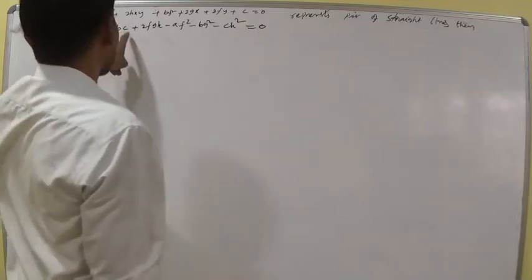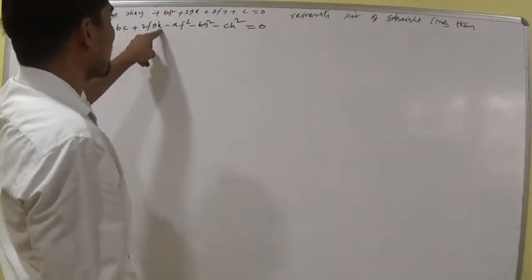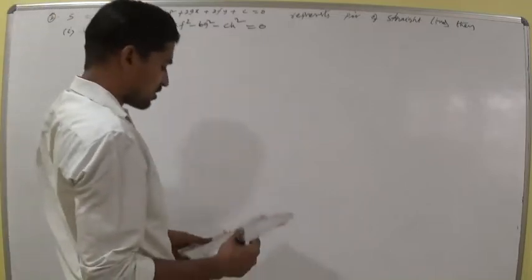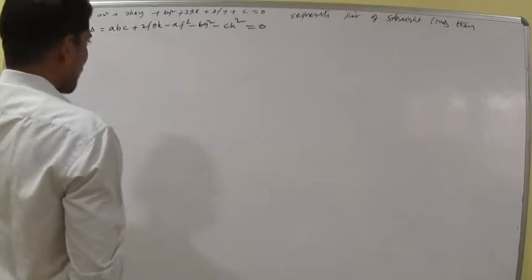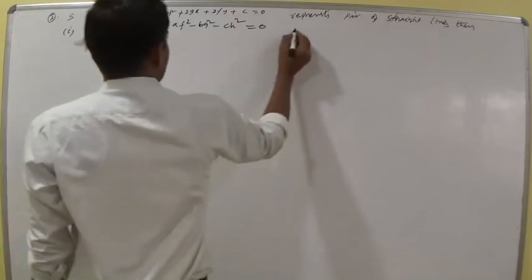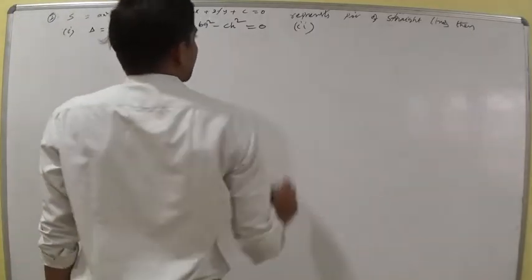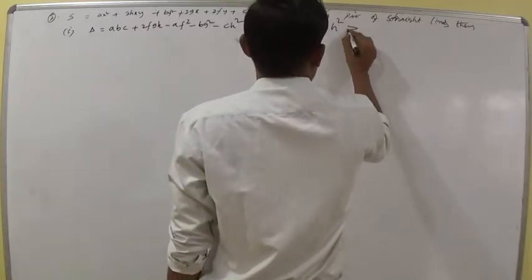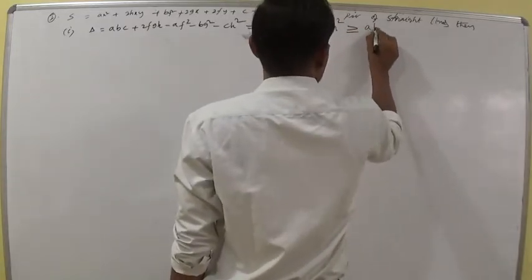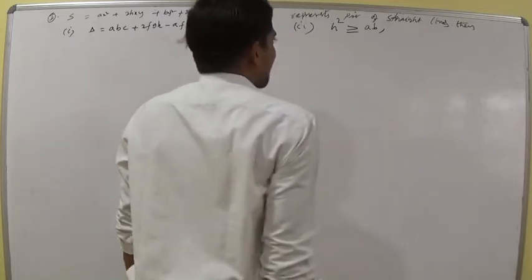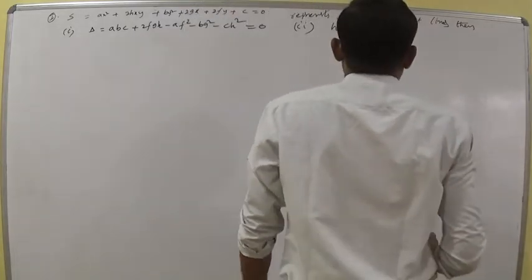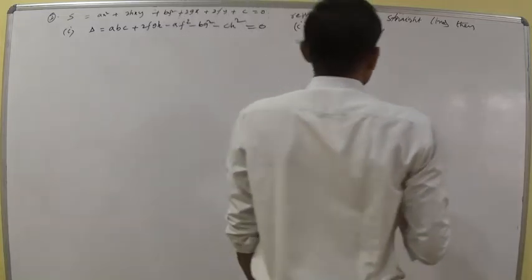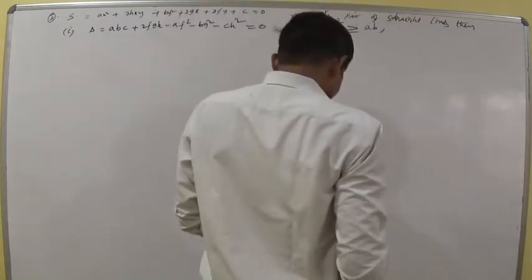Then abc plus 2fgh minus af square minus bg square minus ch square is equal to 0. And the second conditions: h square greater than or equal to ab, f square greater than or equal to ac.